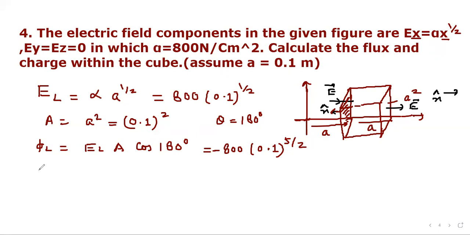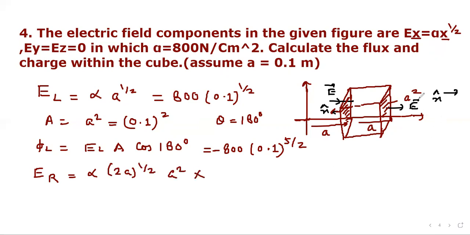Similarly, we calculate the electric field on the right face, alpha times the distance to the right face, which is 2a, so we write (2a)^(1/2). The area of the face is a squared, times n cap.